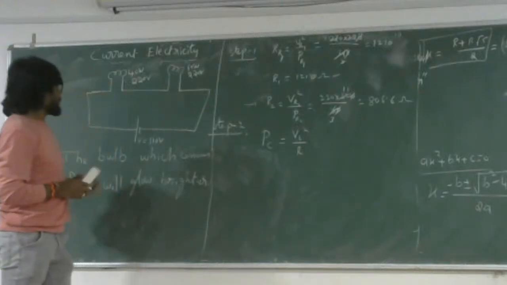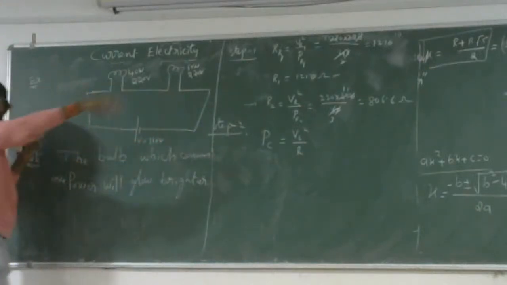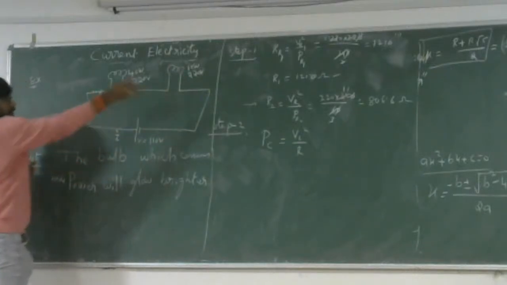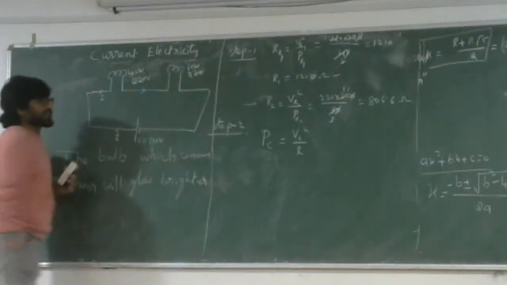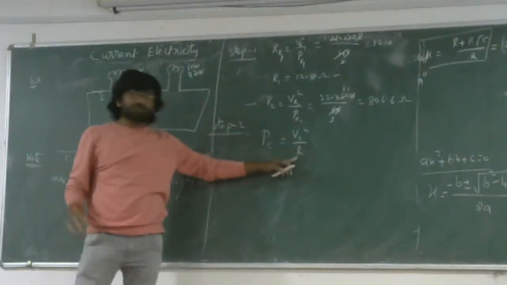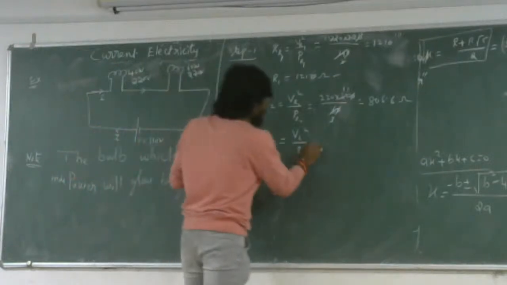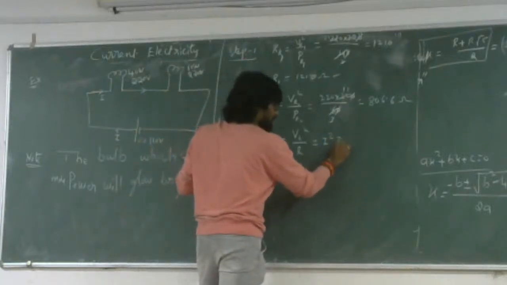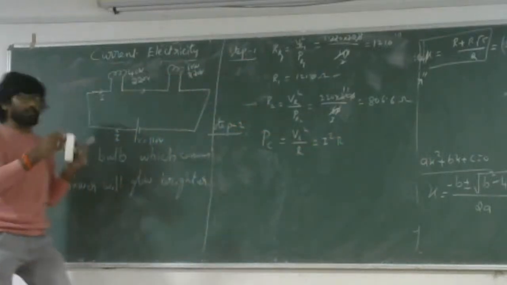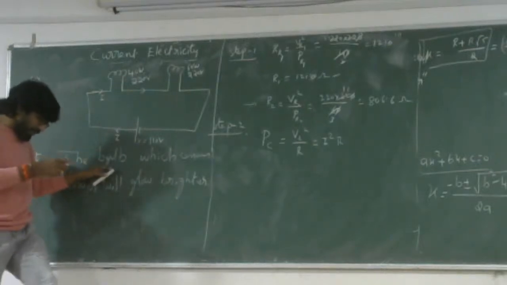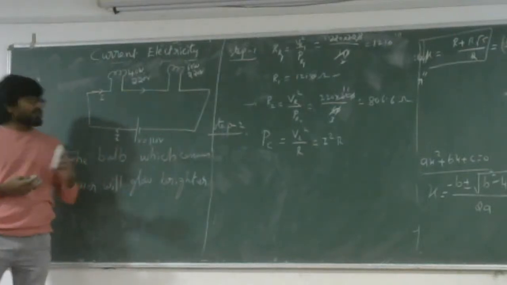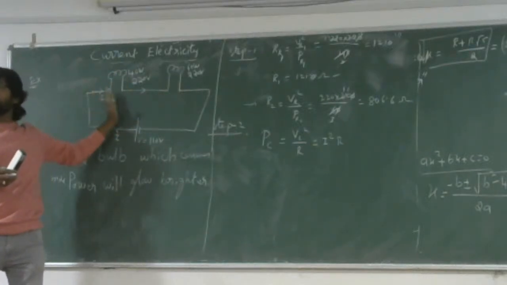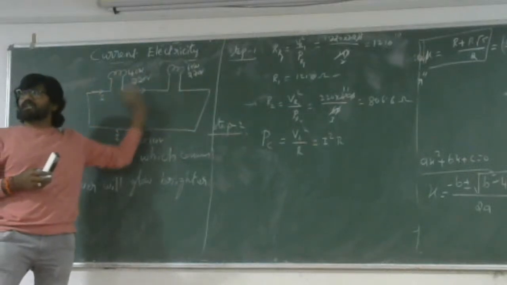Fine. But this is in series, so the same current I is passing through both. So you can write it in terms of line voltage square by R, and also as current I square R, the current given by the line voltage. Either way you can take it. Here, as they are in series, the constant parameter for both bulbs is nothing but the current.